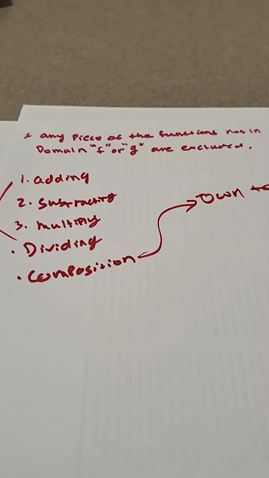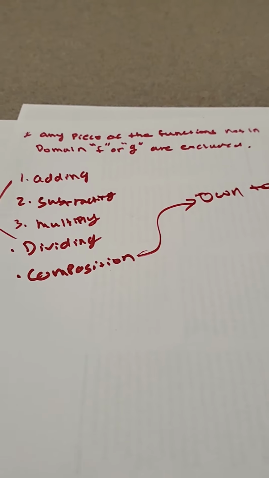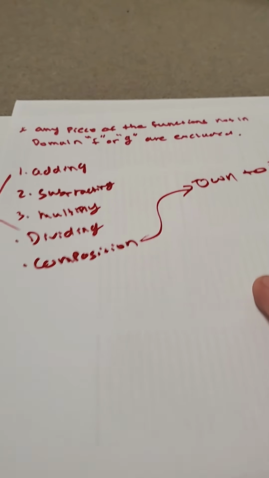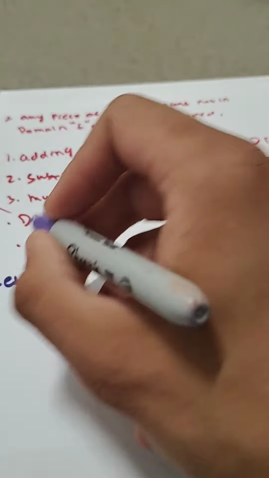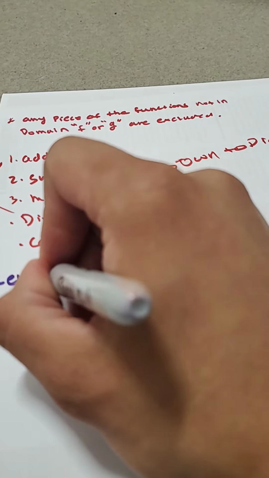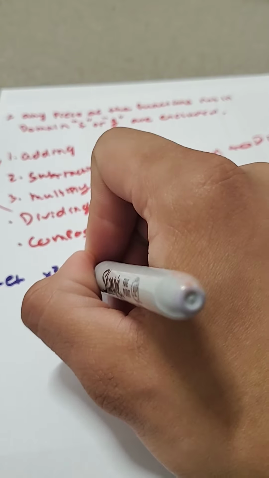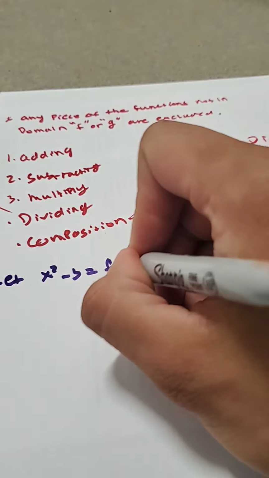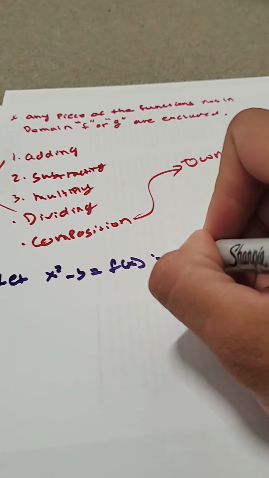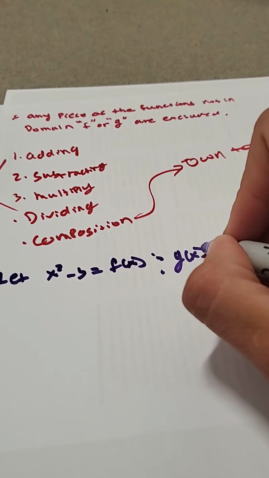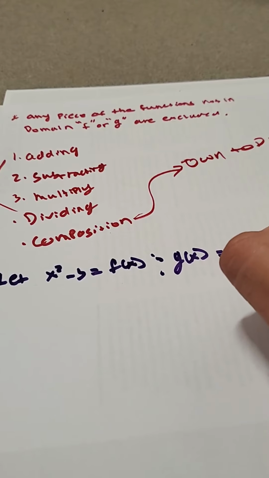Okay, so say we're given f of x equals x squared minus 3, and g of x is equal to 4x plus 5.